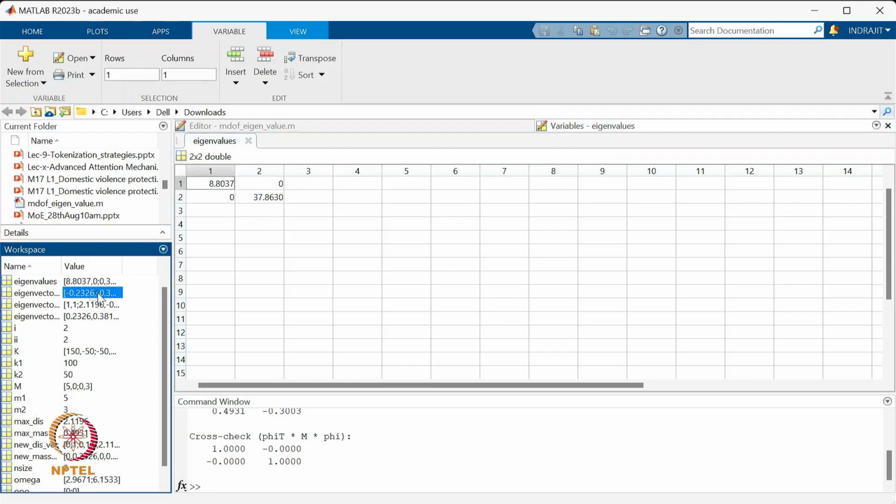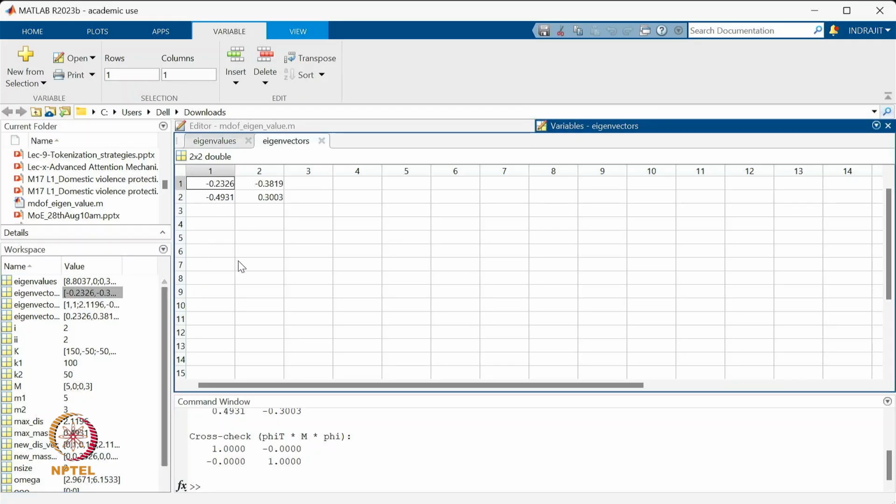Let's see what about eigenvectors. Eigenvectors, you see, are something like minus 0.2326, 0.4931, and then again minus 0.3819, and then 0.3003. These are the eigenvectors.